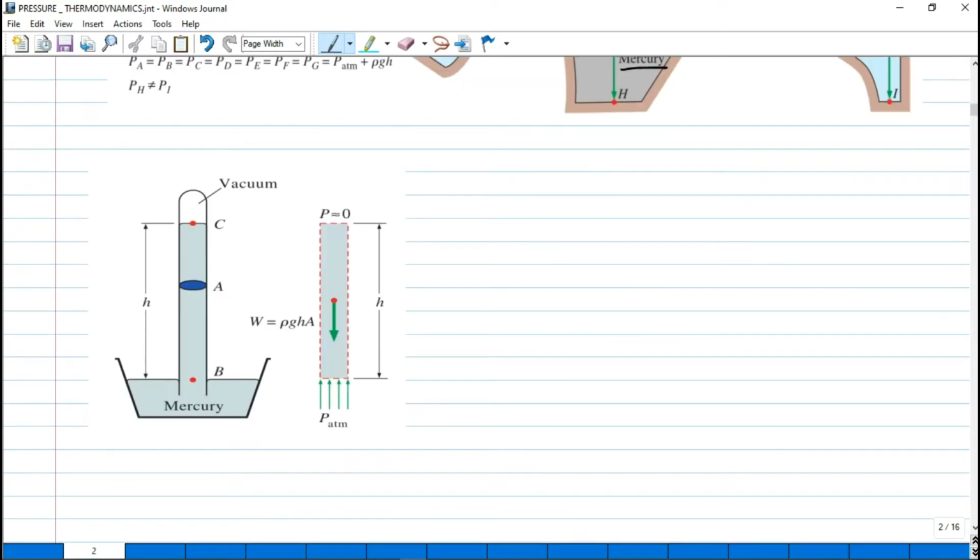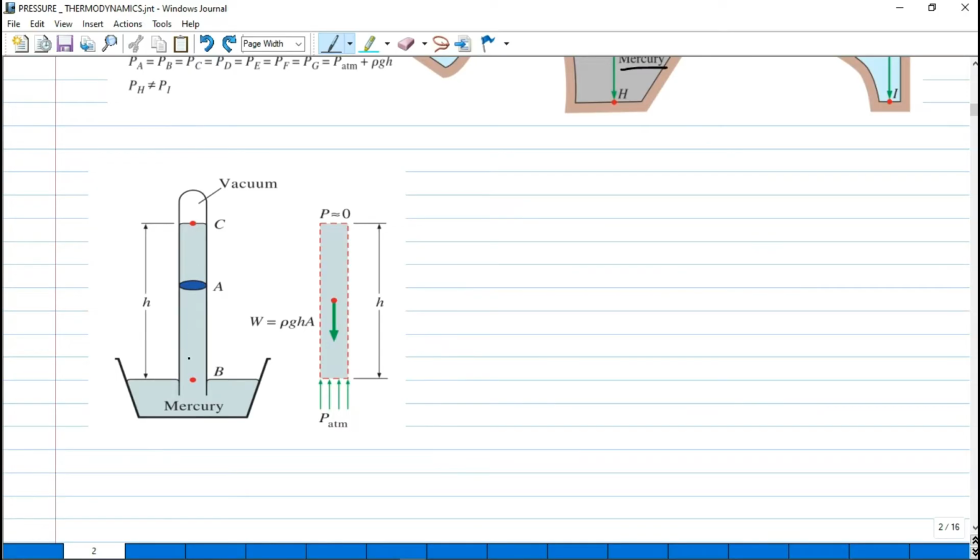So we have this device, which is what you call the barometer. A barometer is a device used to measure atmospheric pressure. That's why we also use the word barometric pressure as an equivalent term for atmospheric pressure. Barometric pressure and atmospheric pressure are the same terms.